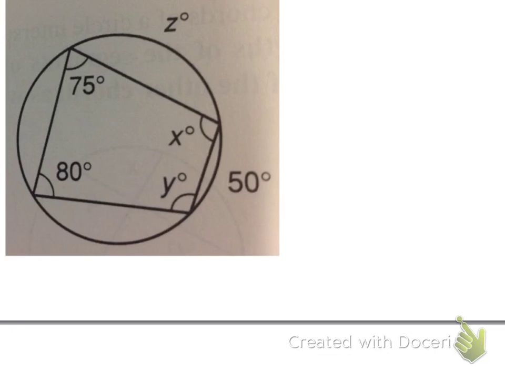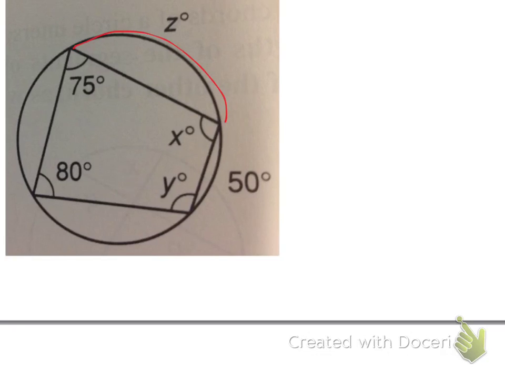It just seems like a big quadrilateral that sits in the middle of a circle. And then it has z on the outside. Because it has z out there, I would assume z is only asking us for this little arc, not something else.